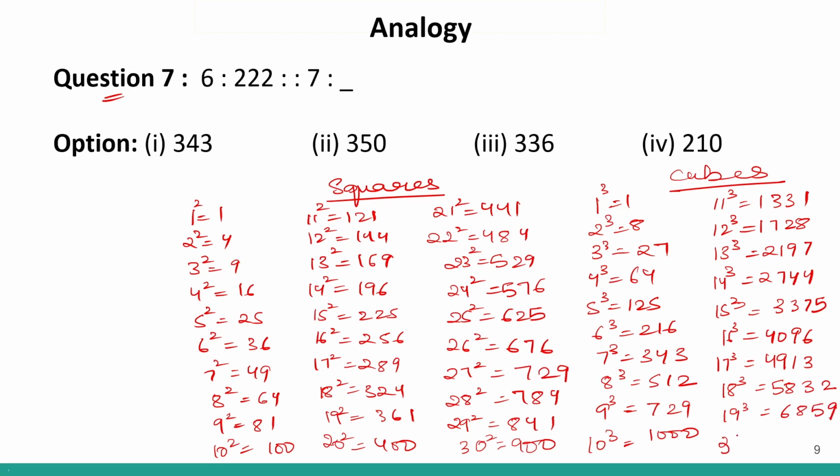And 20 cube will be how much? 20 cube will be 8000. These will be the cubes. Correct? These are your squares, these are your cubes.